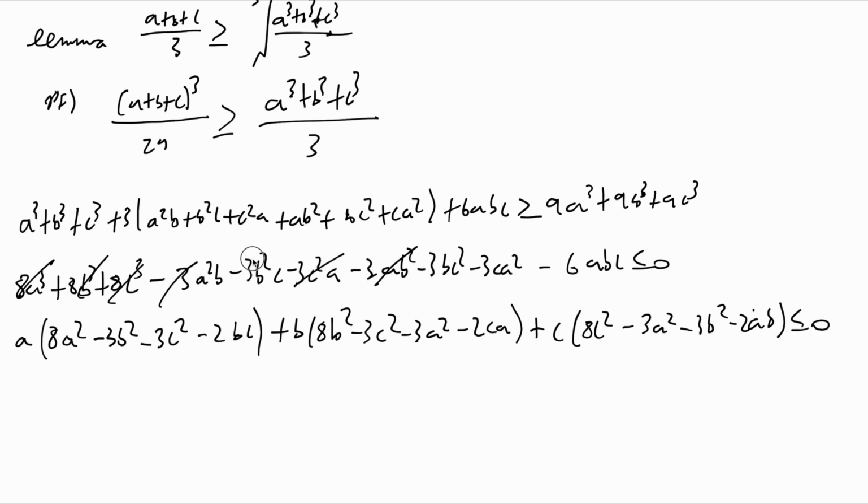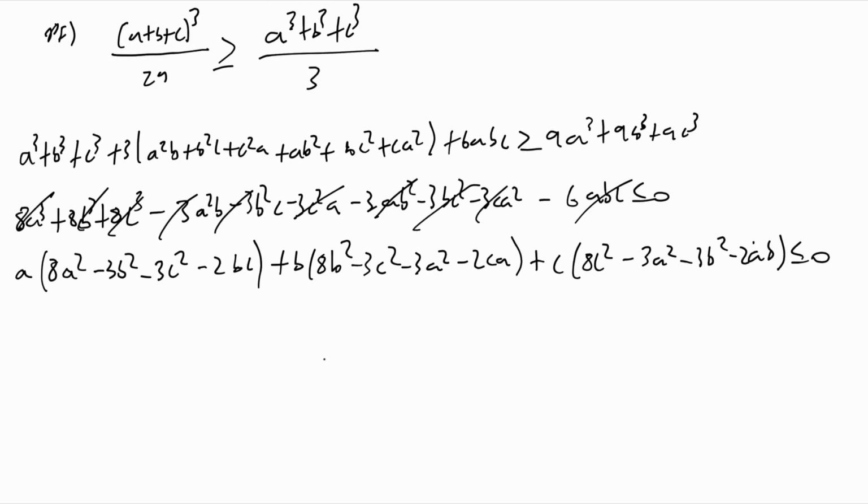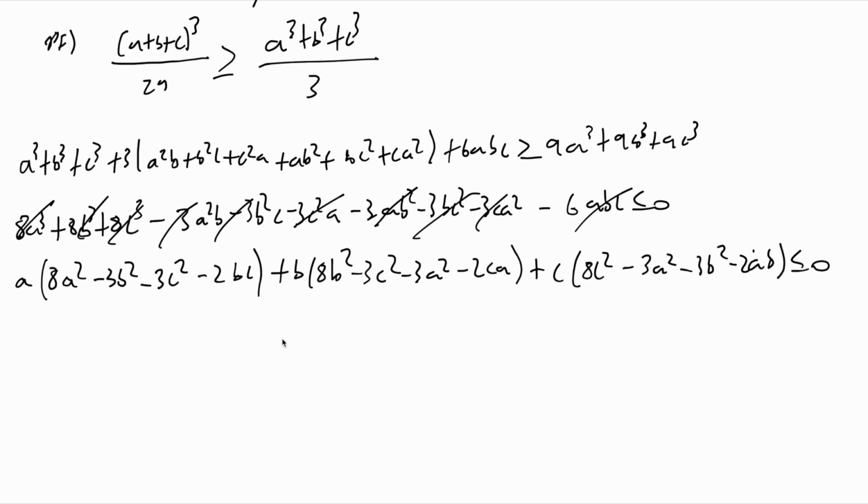And we use all the terms, and the reason why I didn't really have to think was because this thing is cyclic. Now because this thing is cyclic, without loss of generality, let's say that this is true.